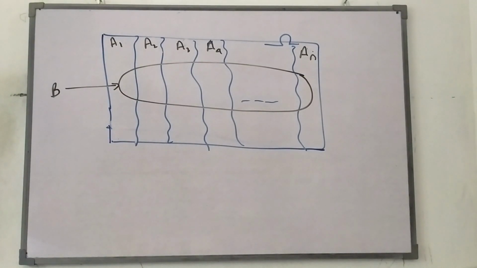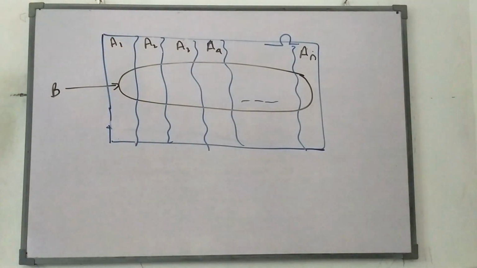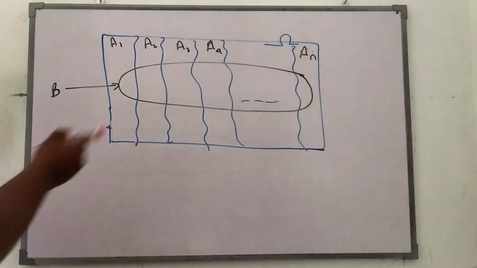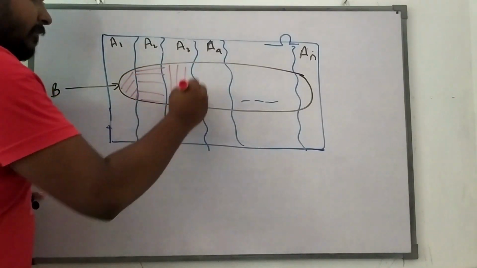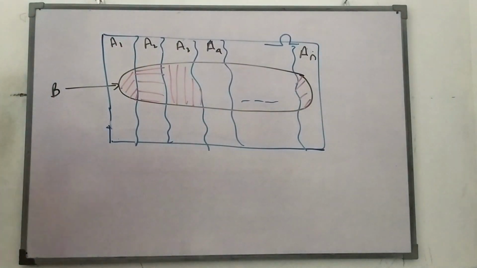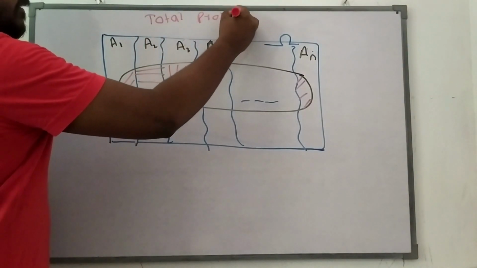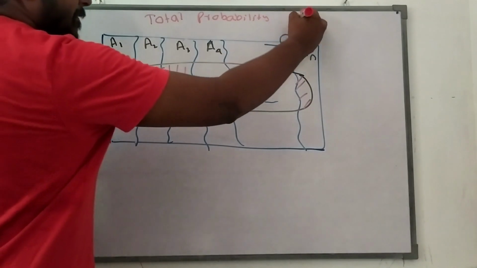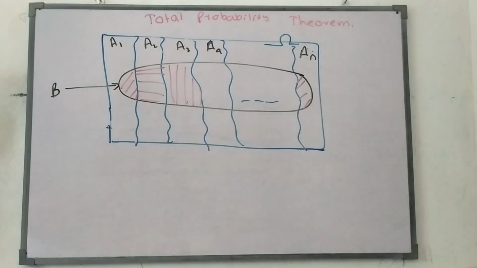Then they happen in B. So likewise, they have n number of partitions here. So this is the total probability theorem.